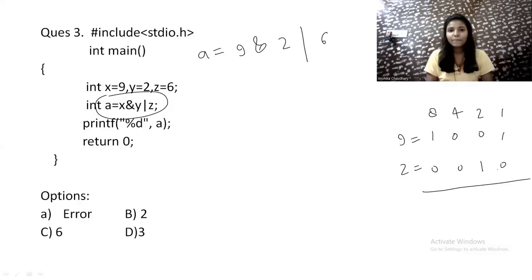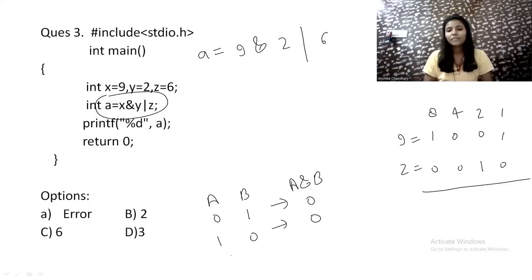Now we have to perform the AND operation. So what is AND? Suppose this is A and this is B, and the value of A is 0, and the value of B is 1. So it will give the output 0. And if A is 1 and B is 0, again it will give 0.